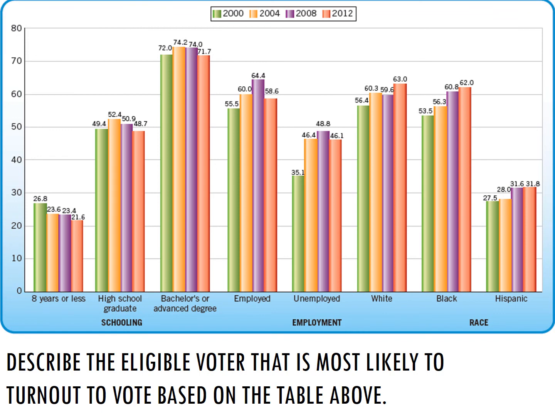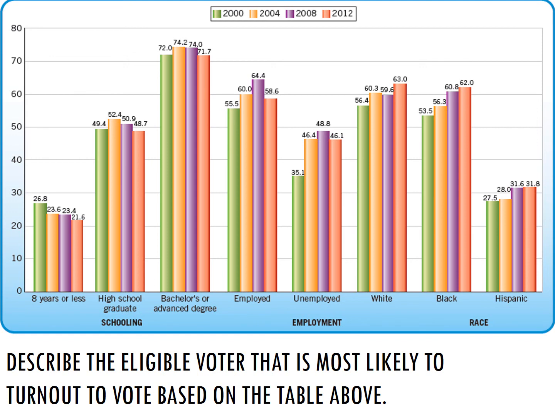Now this graph looks at people who have turned out to vote based on demographic characteristics in the last 4 elections. So 2012 is the most recent data we have, back to 2000. It says describe the eligible voter that's most likely to turn out to vote based on the table above. So for schooling, you can take a look at those statistics.